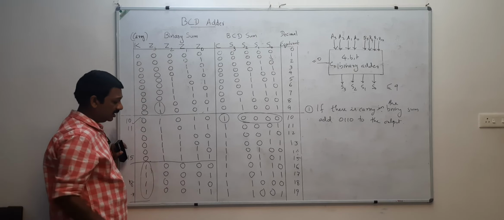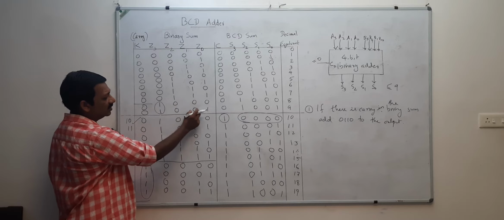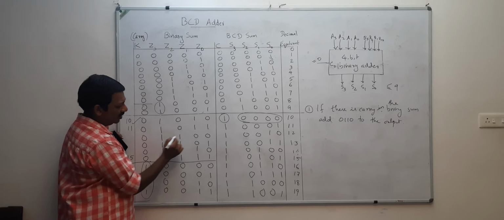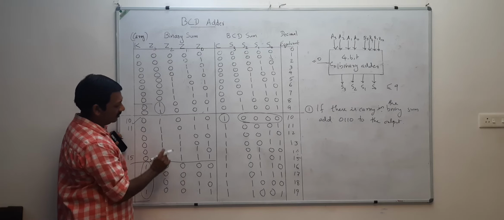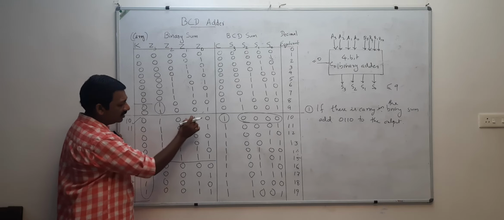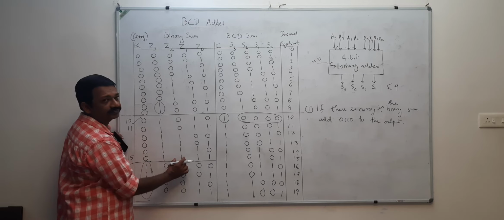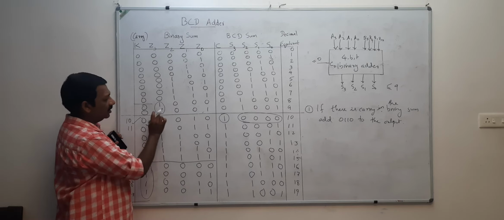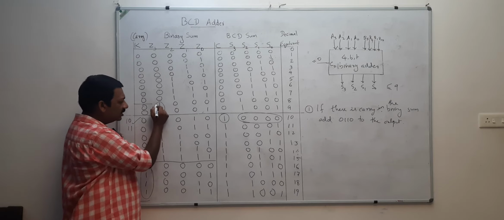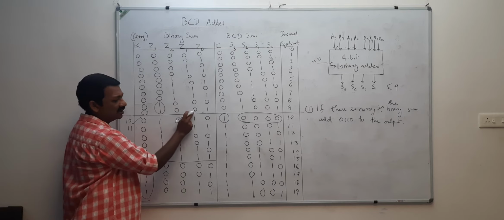Here 1 0 0 and 1 0 0. For these two, here there is 1, here there is 0 and here there is 0. But unlike that, here 1 0 1, 1 0 1, 1 1 1, 1 1 1. That means here this is 1, and apart from that either this or this is 1. In these two cases, this is 1, but these two are zeros.